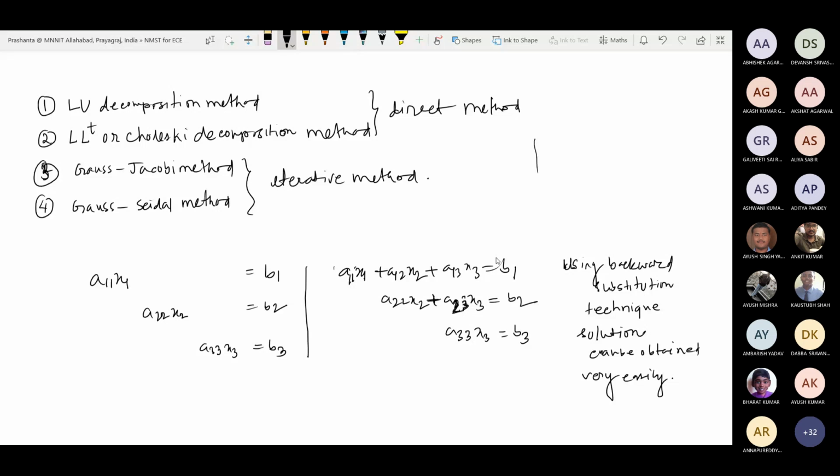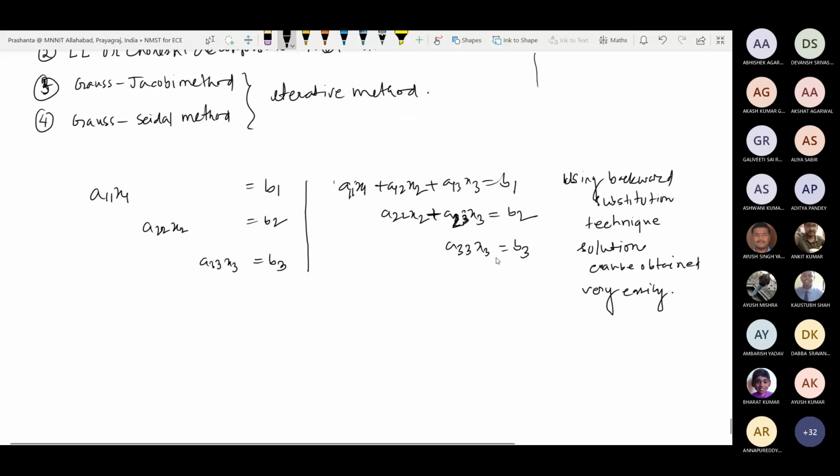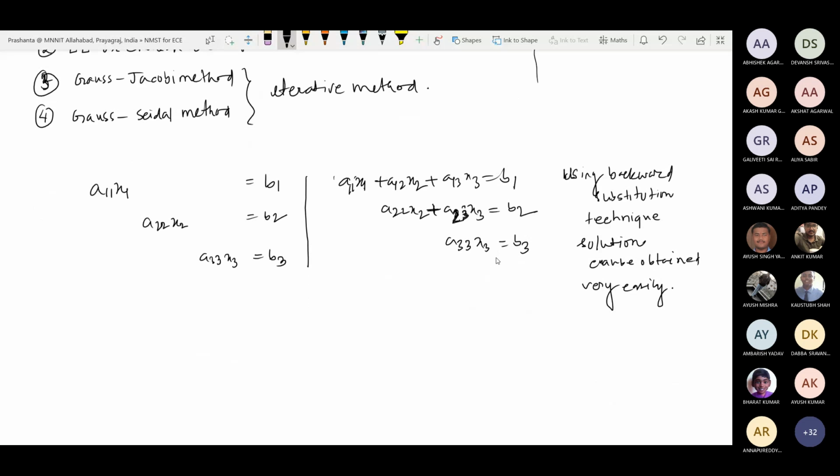So we'll be ending up with a lower triangular system. So this is an upper triangular system. If you consider a lower triangular system, suppose you are given this kind of equation: a11 x1 equals b1, then a21 x1 plus a22 x2 equals b2, then you have a31 x1 plus a32 x2 plus a33 x3 equals b3.